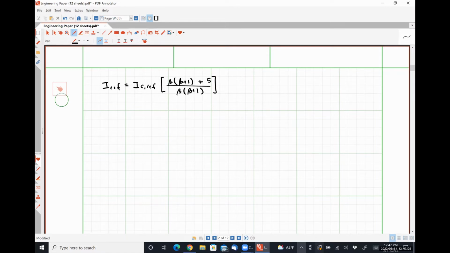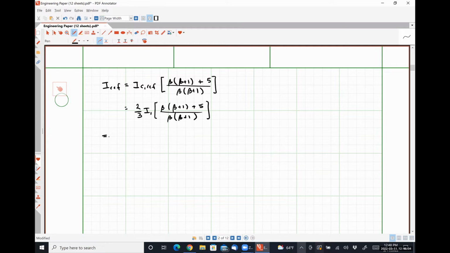And now we're at a place where we can get our error current, remembering that I1 is 3/2 IC ref, or I2 is equal to 5/2 IC ref. What we can say here is that I ref is equal to 2/3 I1 times beta times beta plus 1 plus 5 over beta times beta plus 1.